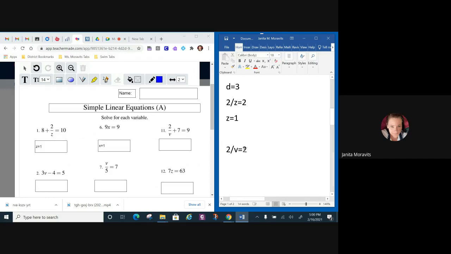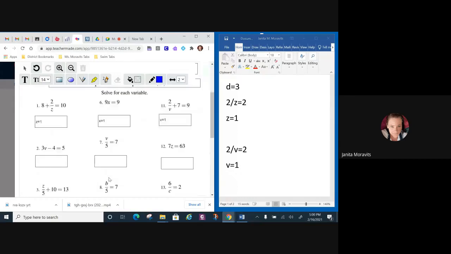Well, again, what did we say? 2 divided by what will leave you with 2? Well, 2 divided by 1 will leave you with 2. So v equals 1. And we're going to make that another lowercase v right here. So we're going to say v is equal to 1.